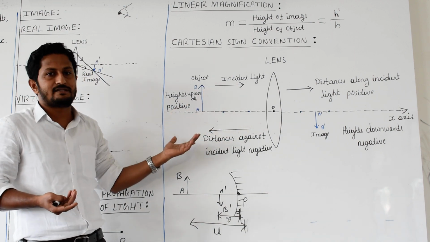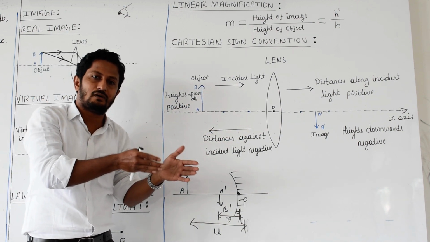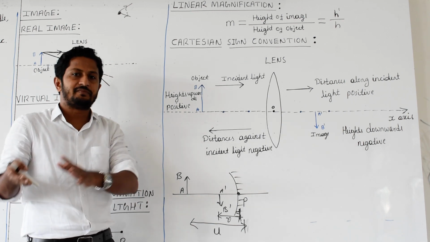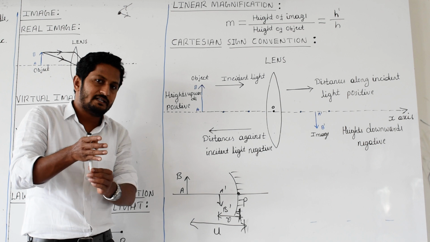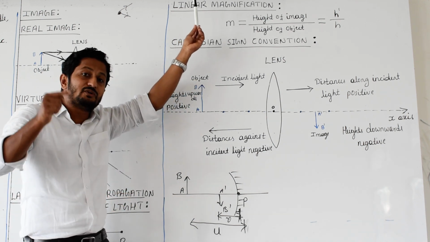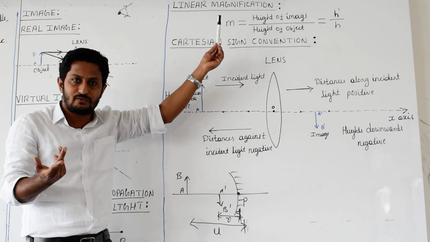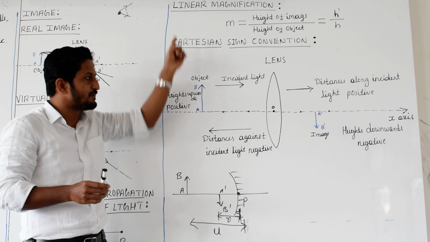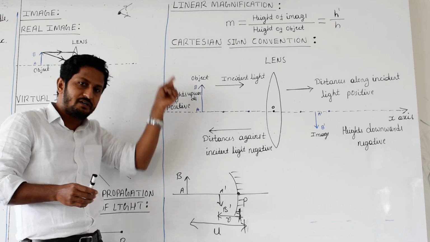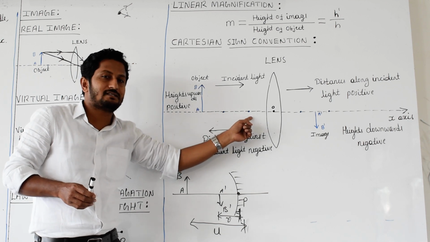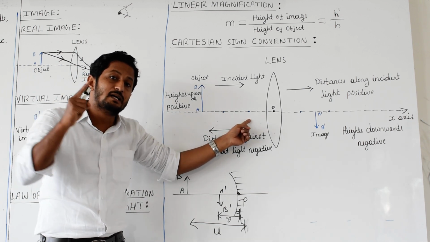It may be the height of the object or the height of the image. If that height is held vertically upward, then you take it as positive. The fourth sign convention says heights measured in the vertically upward direction with respect to the principal axis are taken as positive.